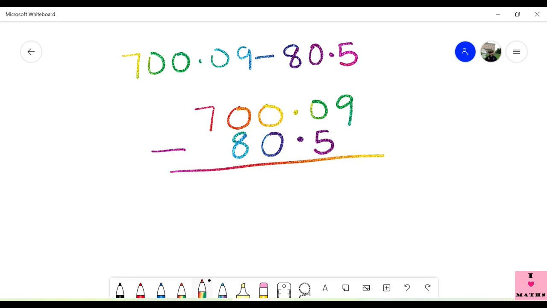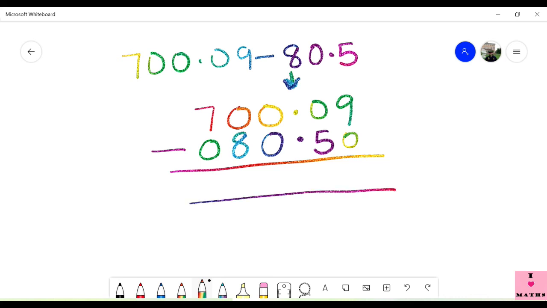Now wherever there is no digit, we will put a 0. And children, you have seen that the decimal comes under the decimal every time we are doing addition or subtraction. We have to take care.